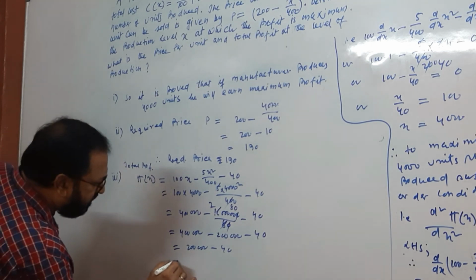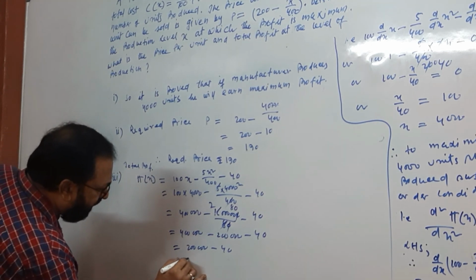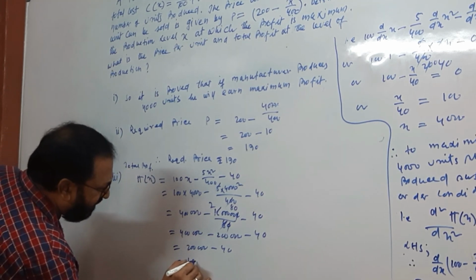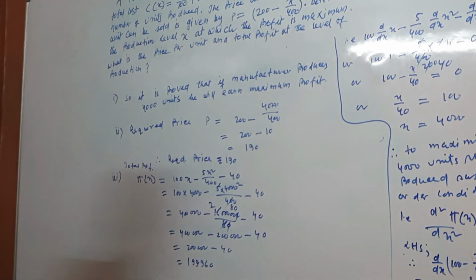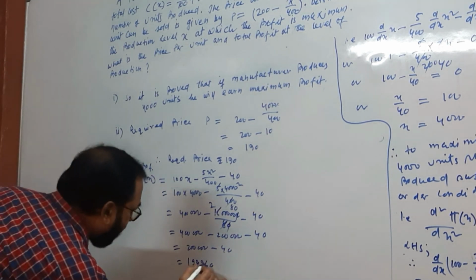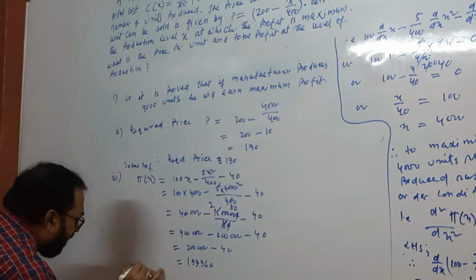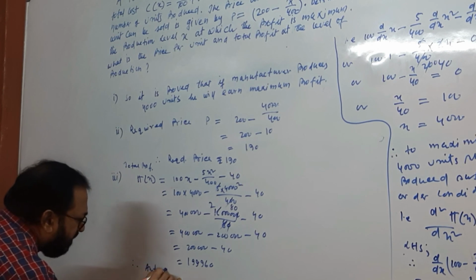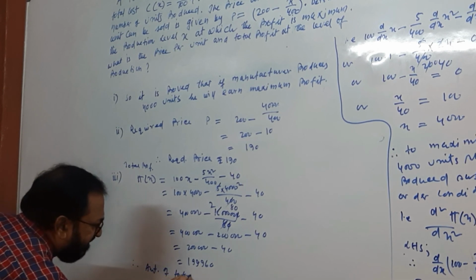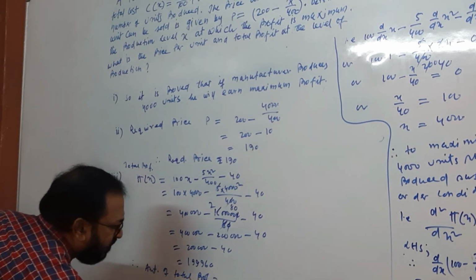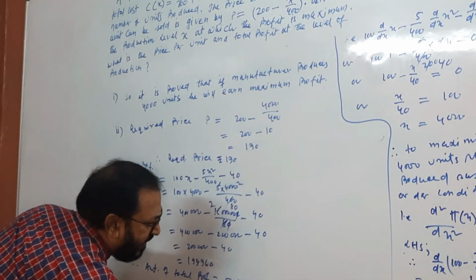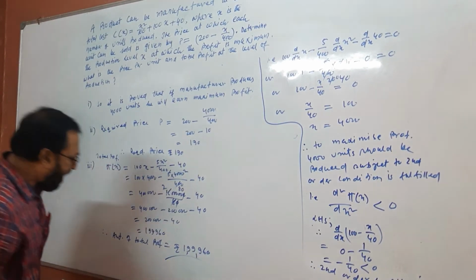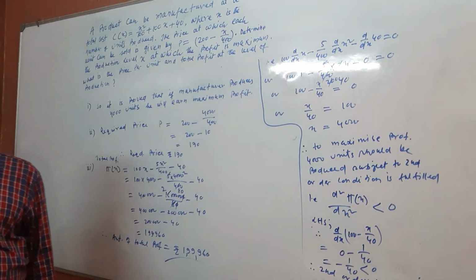So the total profit should be 1,99,960. Therefore the total amount of profit equals rupees 1,99,960.